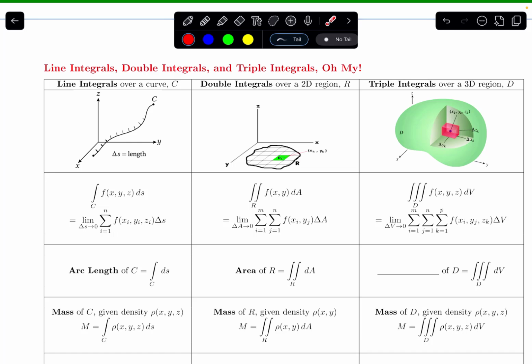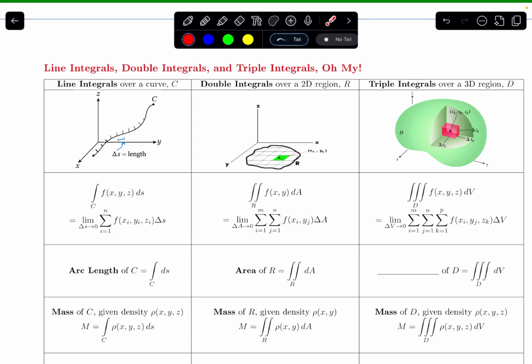We saw that with a line integral, we motivated this by splitting up this region into a bunch of tiny pieces, each one with a length of delta s. We first did it to approximate the mass when we're given some density function, and that gave us this Riemann sum. Then when we took the limit where the length of each piece got closer and closer to zero, that defined this line integral.